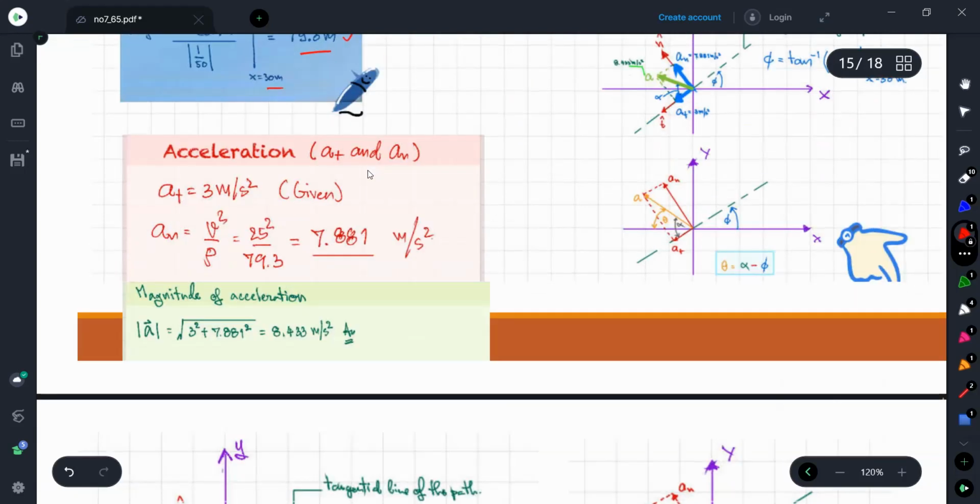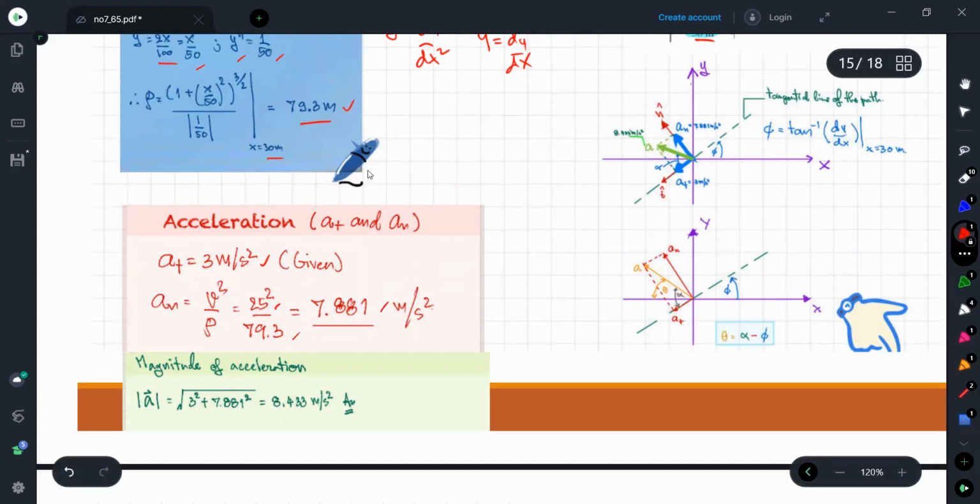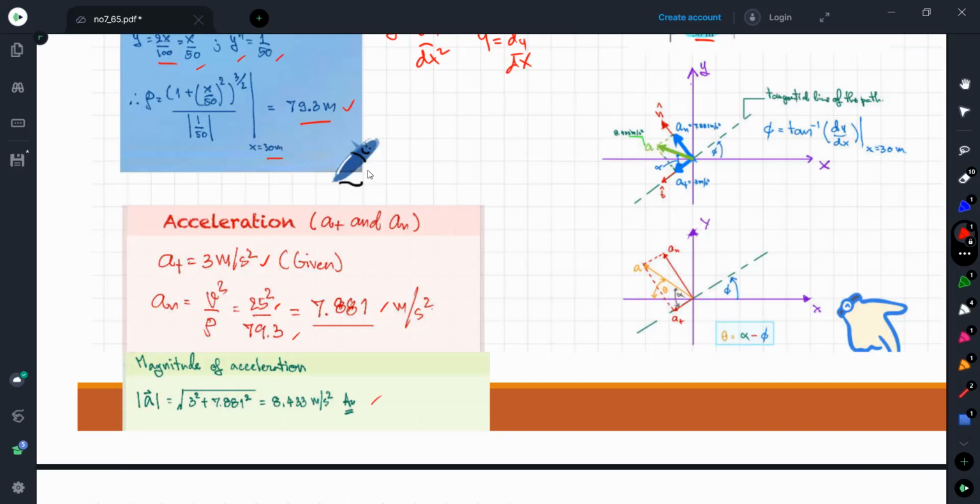Now we have two acceleration components already. At is equal to 3 meters per second squared. An becomes v squared over rho, which gives 7.881 meters per second squared. Then we can find the magnitude, which becomes 8.4 meters per second squared.